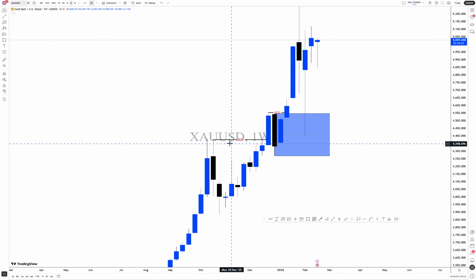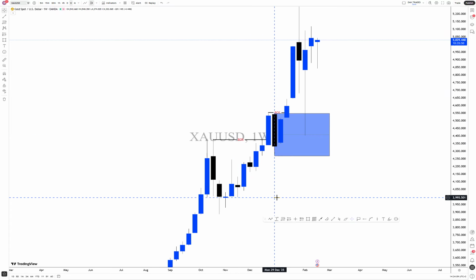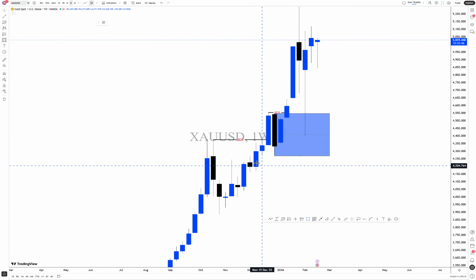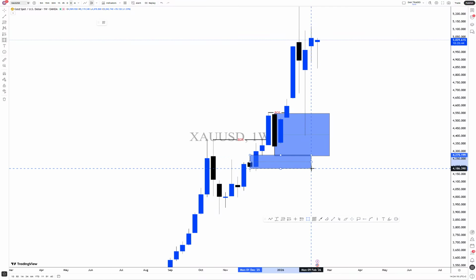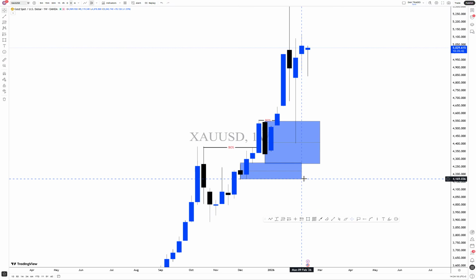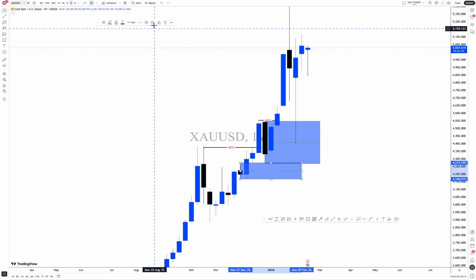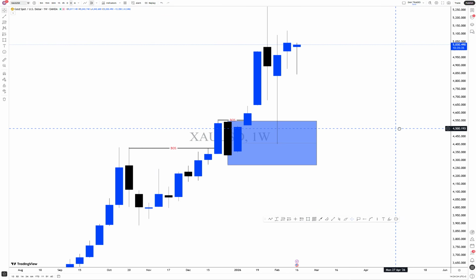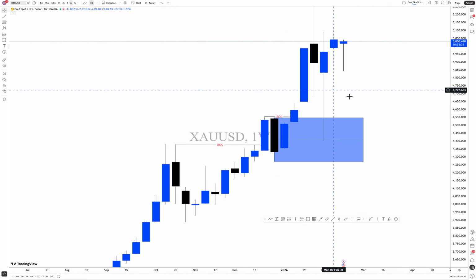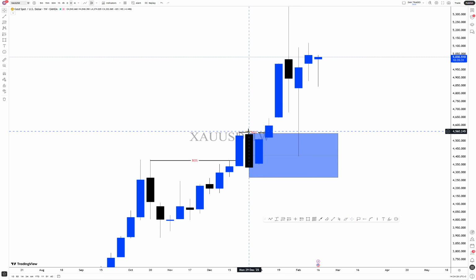Then the order block which led to this breakout structure came from this candle around this area. You can see it was being mitigated. But let's go with the candles which are currently what is going on with gold. Now, this is another block which has been mitigated, which caused this breakout structure.